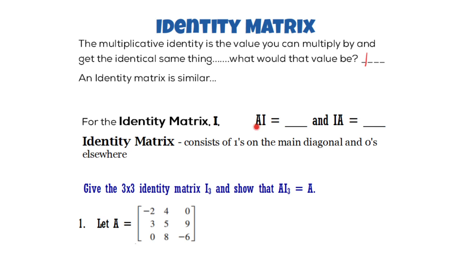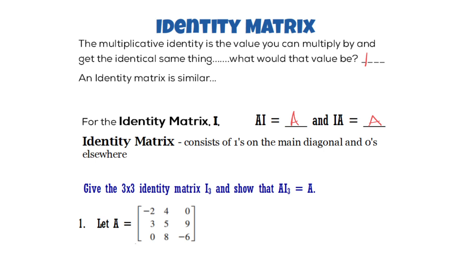But you should be able to take matrix A and multiply it by the identity matrix and still end up with the same matrix A. And it should work both ways. I should be able to take the identity matrix times A and still get the same matrix A.